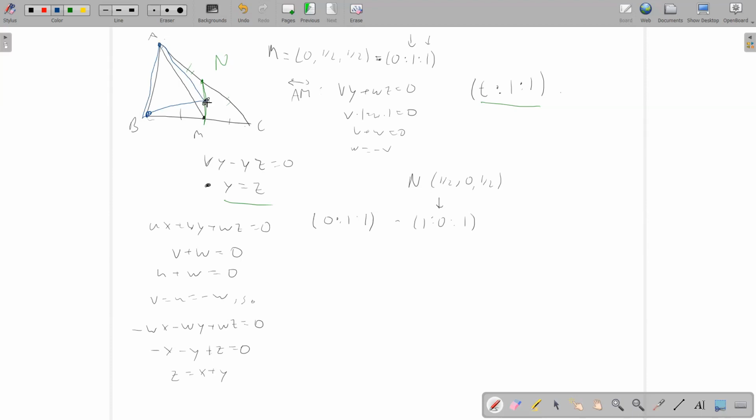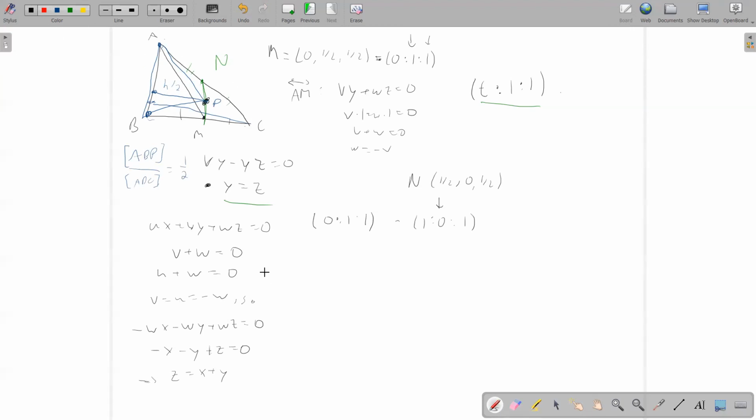But since you're half of the way there, this height, as opposed to this height, will be half the height. So if this is P in the medial line, you see that ABP over ABC equals 1/2.